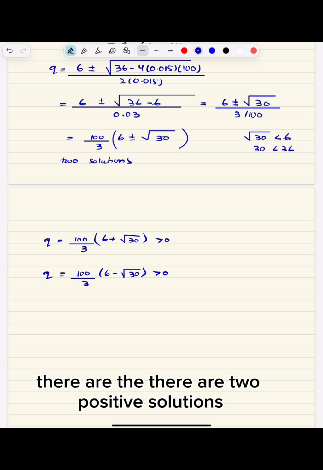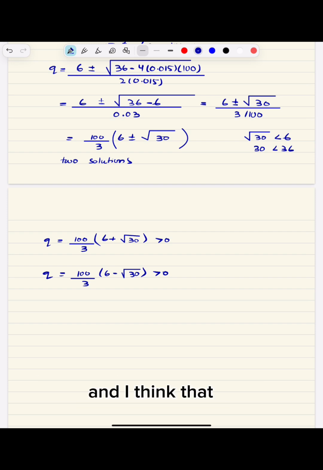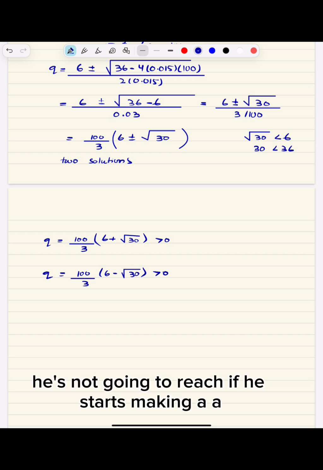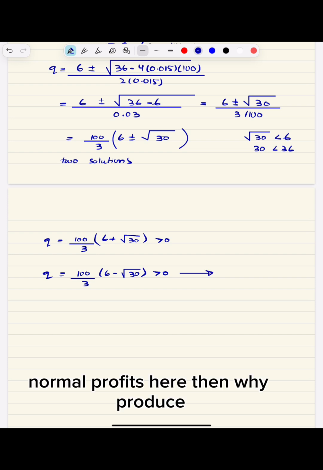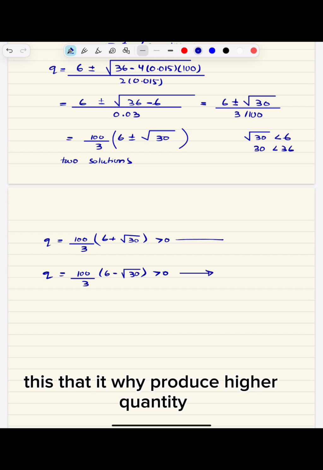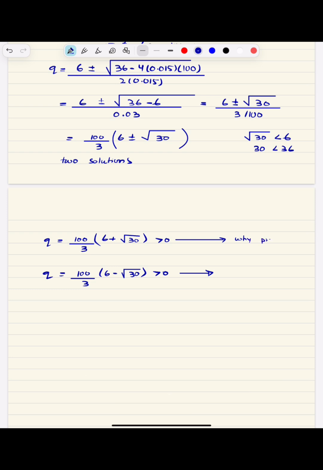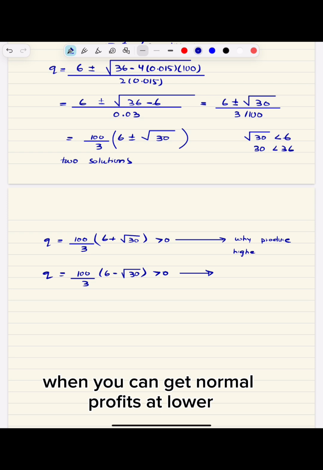There are 2 positive solutions, and I think that if he starts making normal profits here, then why produce a higher quantity when you can get normal profits at a lower quantity?